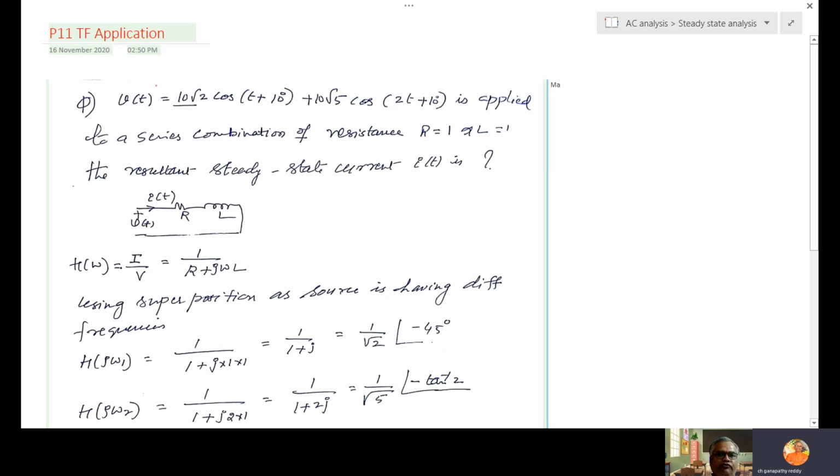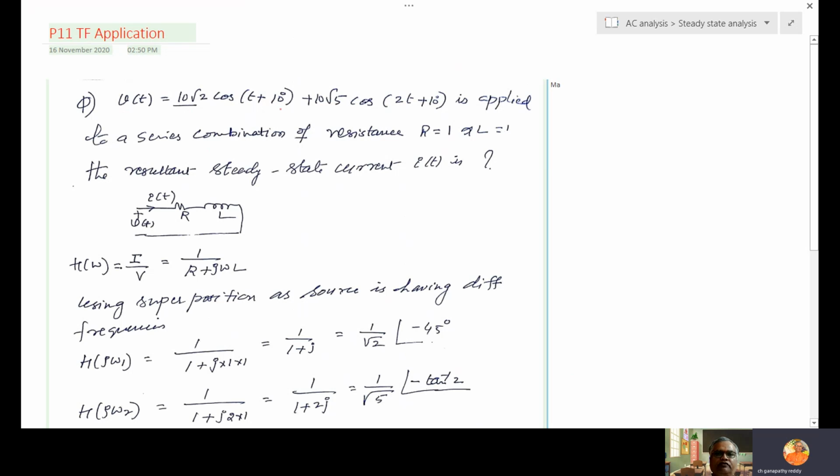Now v of t is two AC signals, 10 root 2 cos(t plus 10 degrees) plus 10 root 5 cos 2t. Here t, here 2t. These things you have to observe carefully.